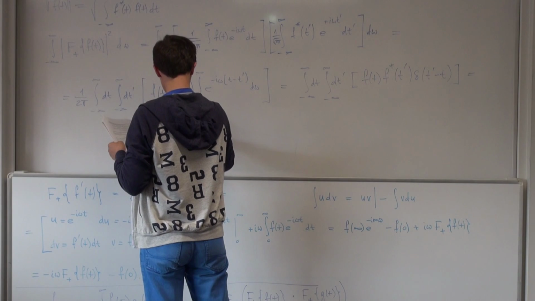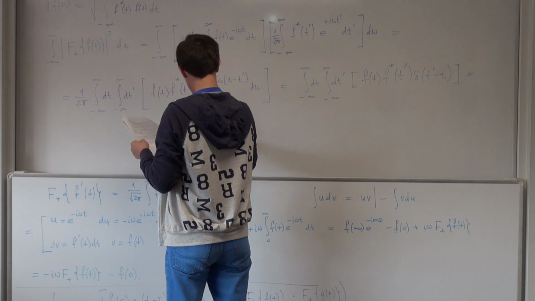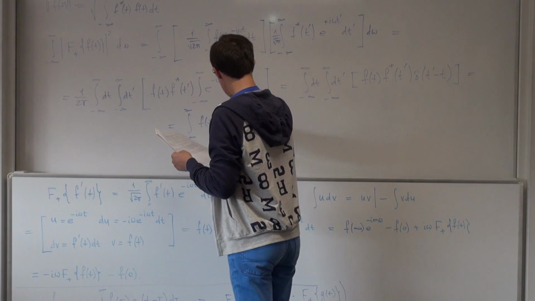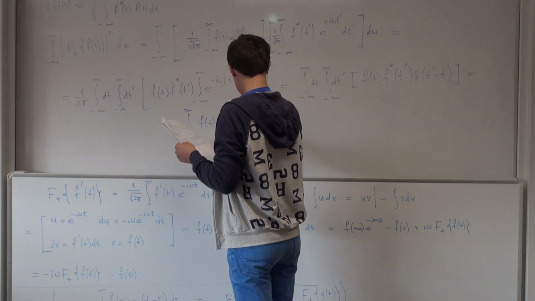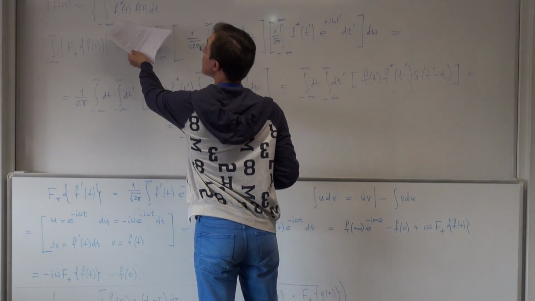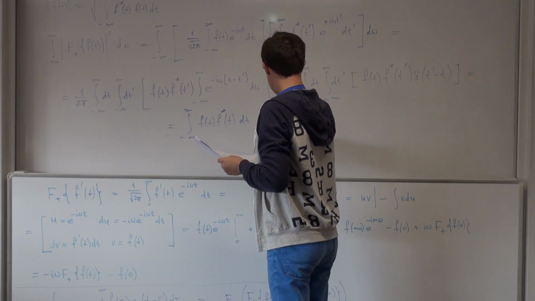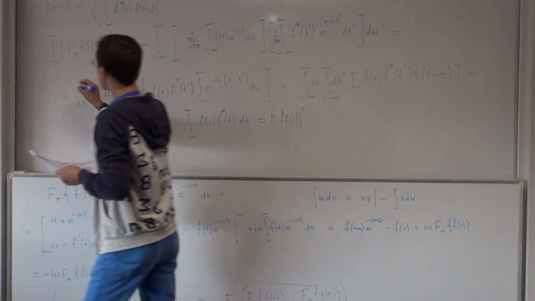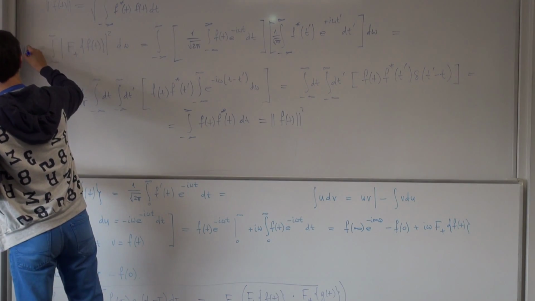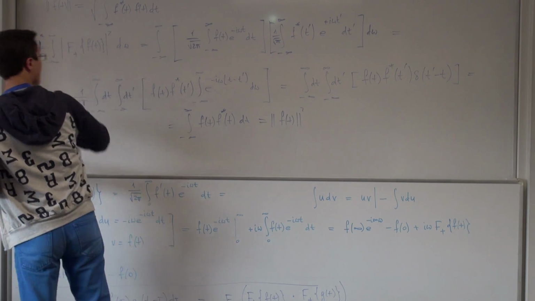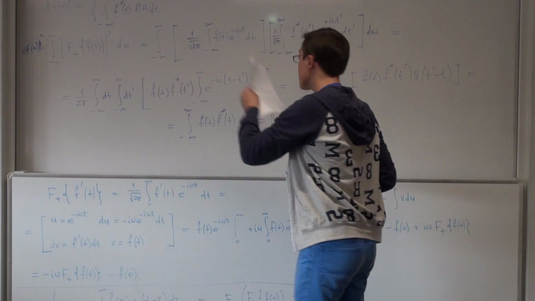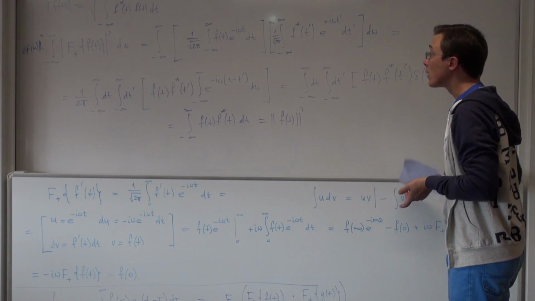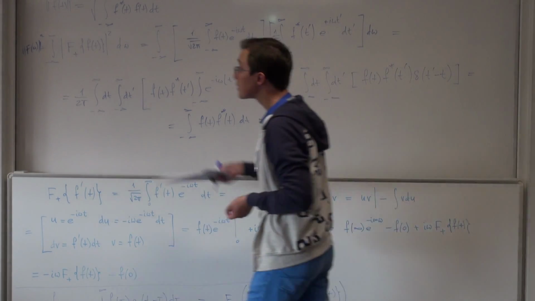So the result is the integral from minus infinity to infinity of f of t, f star of t, with t equal to t prime, dt, and that is exactly that definition of the norm. So that's the norm of f(t) squared, and the original thing was the norm of f(omega) squared. So you can see the norm is preserved by the forward Fourier transform, and a similar proof will convince you that the norm is preserved by the inverse Fourier transform.